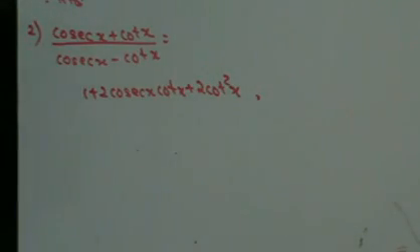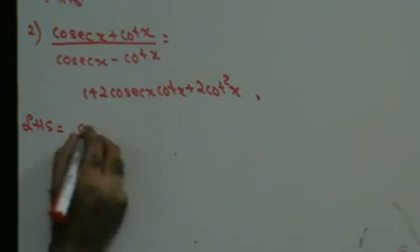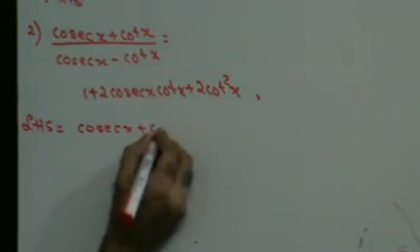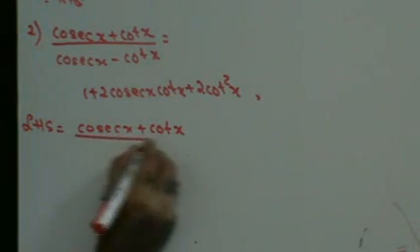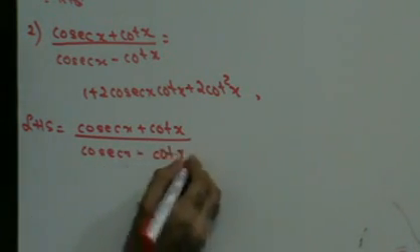Let's see this. Now, let's start with LHS. LHS is cosec x plus cot x upon cosec x minus cot x. Right? Whenever you have a fraction, in order to get rid of the fraction, you multiply the denominator by its conjugate.